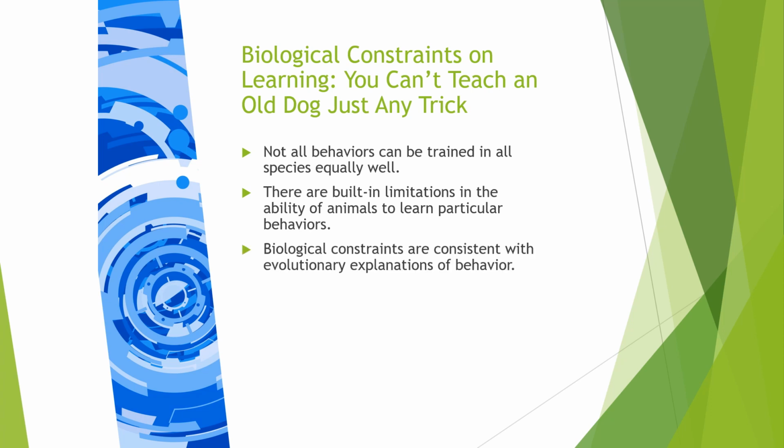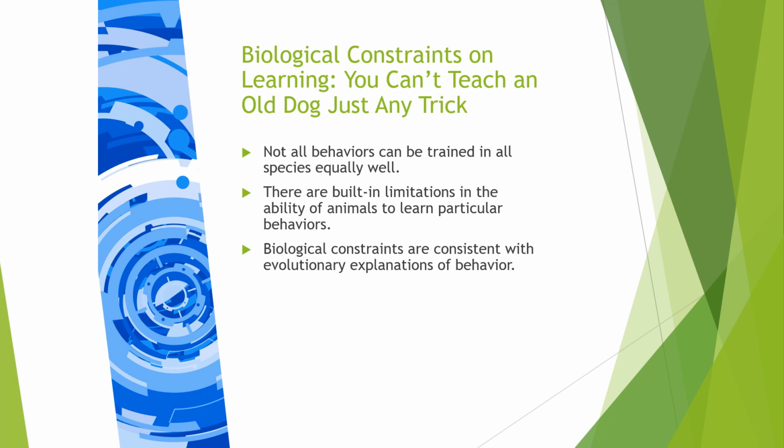Those biological constraints are consistent with evolutionary explanations of behavior. Remember when we talked previously about how evolution takes a very long time to occur, right? We could be talking about hundreds of years.